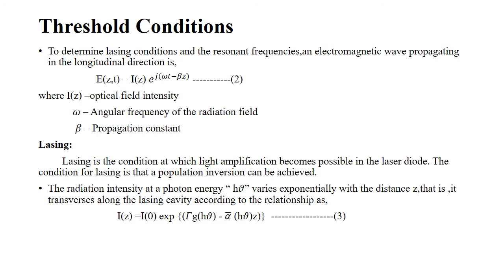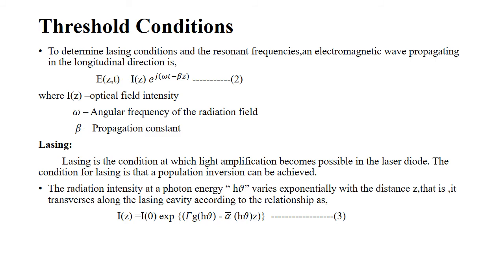The radiation intensity at a photon energy h nu varies exponentially with the distance z, that is, it travels along the lasing cavity according to the relationship I of z is equal to I of 0 into exponential of confinement factor times g of h nu minus alpha bar of h nu, into z.